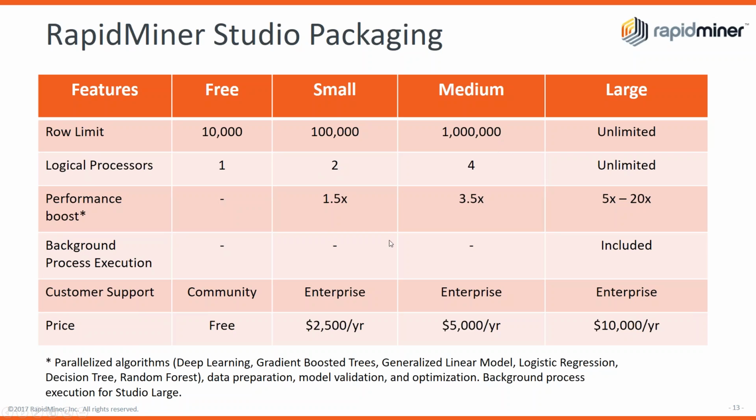Then for people more focused on enterprise needs, the better the licensing, the better the performance you get, both for the parallel execution and also the background processing execution, which is included in the large license, right?